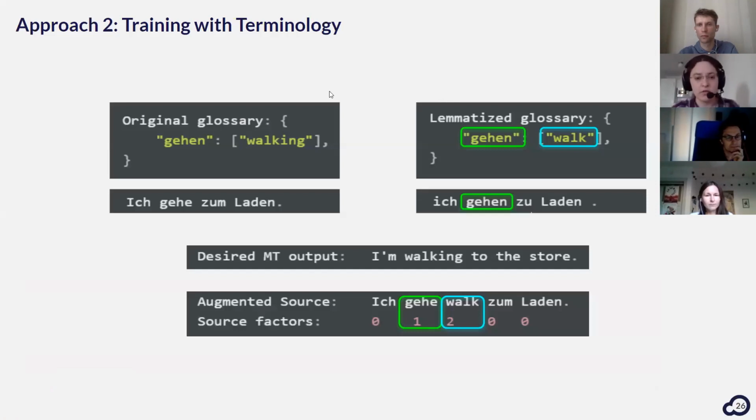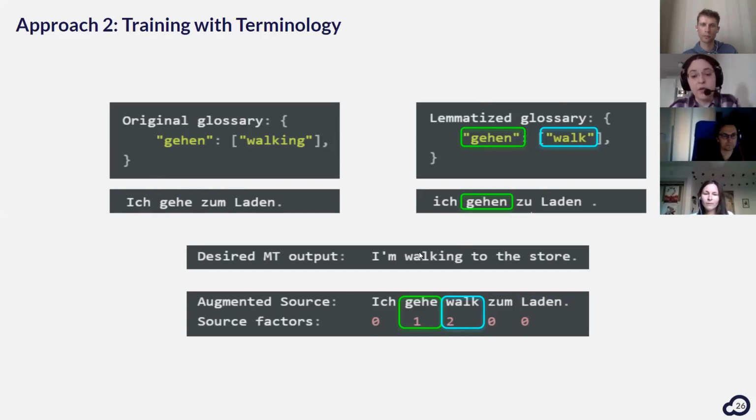Here I have a really small example. Again, I have this original glossary on the left-hand side and this lemmatized glossary on the right-hand side. I have this original sentence, Ich gehe zum Laden, which is a German sentence that would translate normally as I'm going to the store in English.